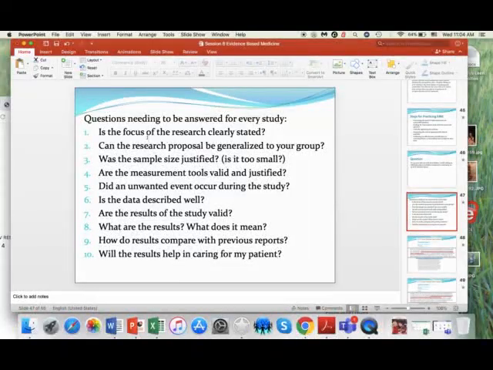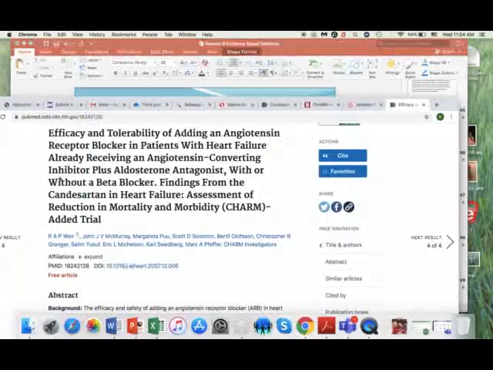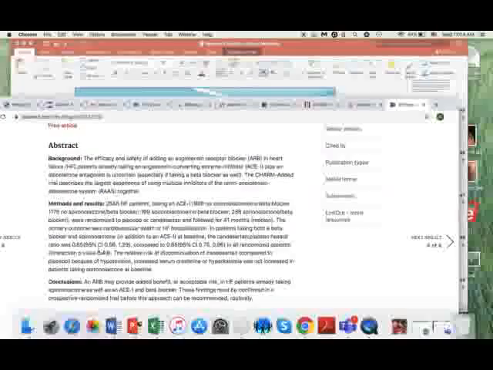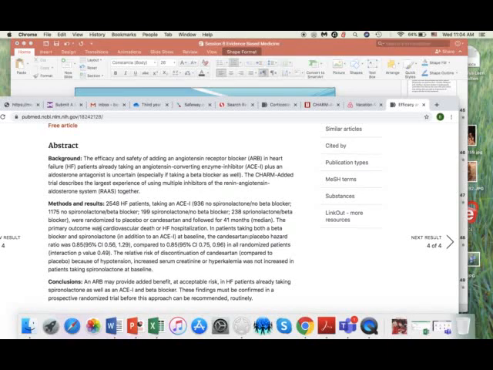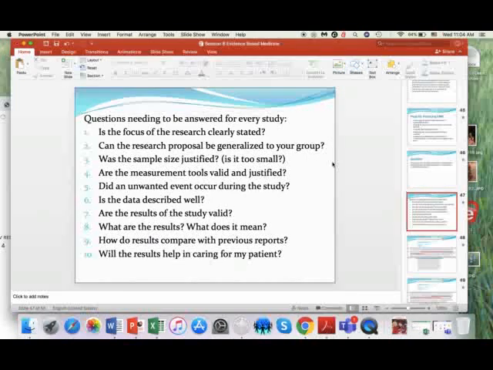I think the focus is clearly stated, exactly what they want. Is it beneficial? And they even talk about what the outcomes were. The outcome was cardiovascular death or heart failure hospitalization. So really they were looking at hospitalizations. Did this decrease the hospitalizations when people were on both of the medications?